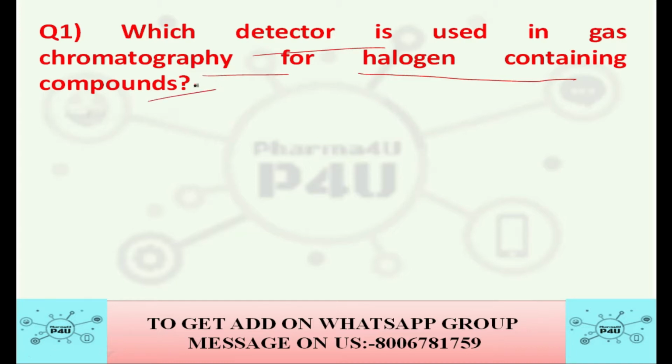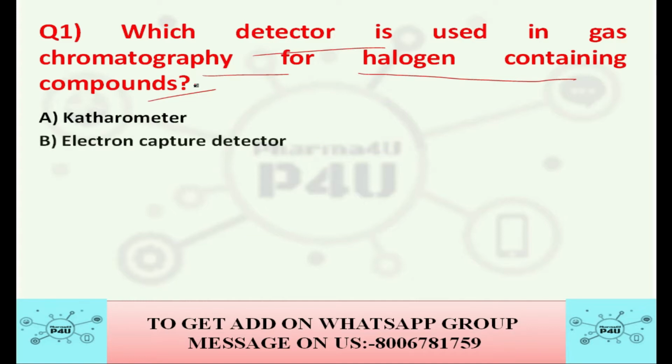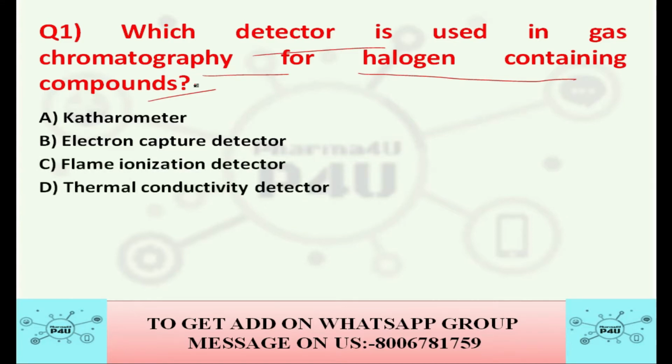The options are: option A is catharometer, option B is electron capture detector, option C is flame ionization detector, or option D is thermal conductivity detector. So which detector is used for halogen containing compounds? The correct answer is electron capture detector.